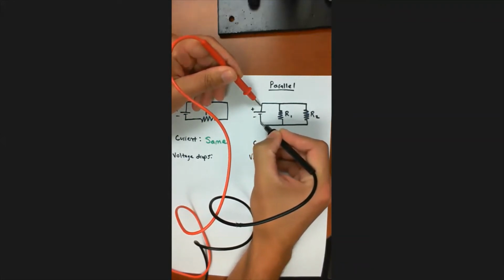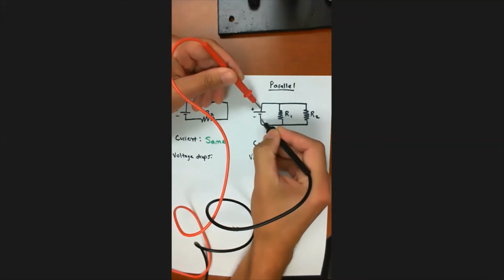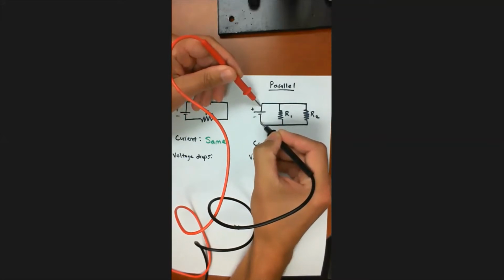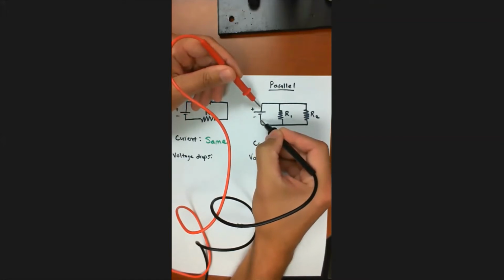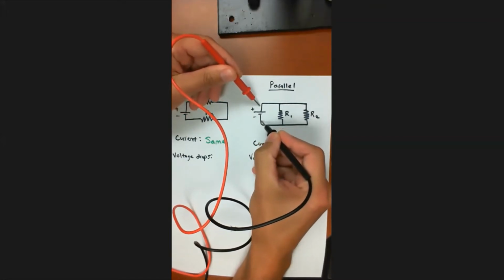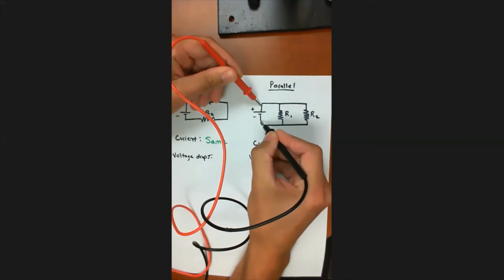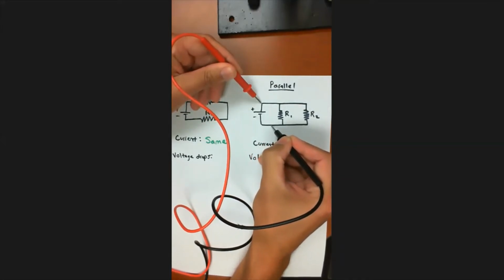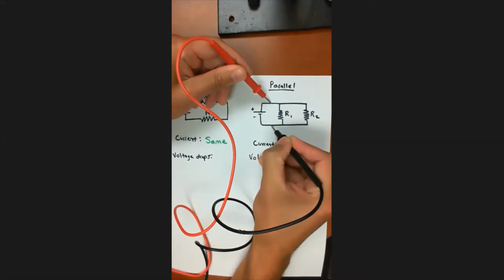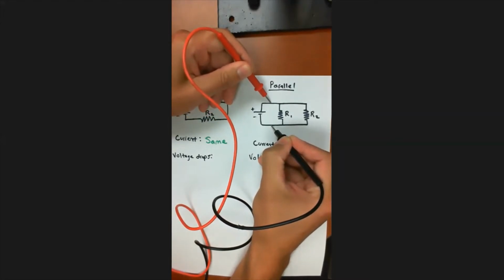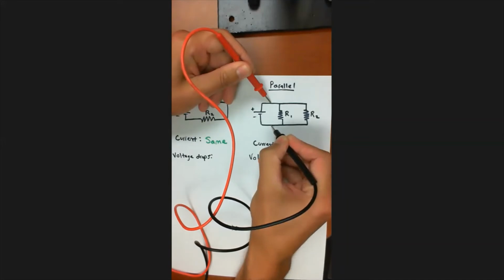So I'm not dropping any voltage as I move my probes along the wire. Hopefully that makes sense to you. And now if I ask you, what's the voltage I would measure here? Hopefully you would agree that it's still 12 volts. And if I move these probes over here, hopefully you would still agree it's still 12 volts because I haven't dropped any voltage along these wires.